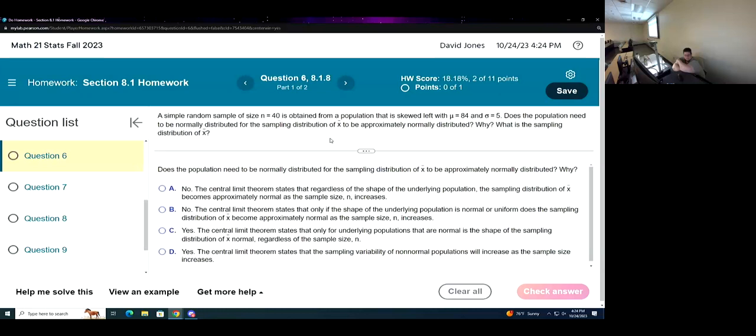C, yes. The central limit theorem states that only for underlying populations that are normal is the shape of the sampling distribution normal. That's false. The central limit theorem was as n got large enough, every sampling distribution looks normal. And D says yes, it needs to be normal, which is also false. It states the sampling variability of non-normal population will increase. Doesn't say anything about that. A is what the central limit theorem says.